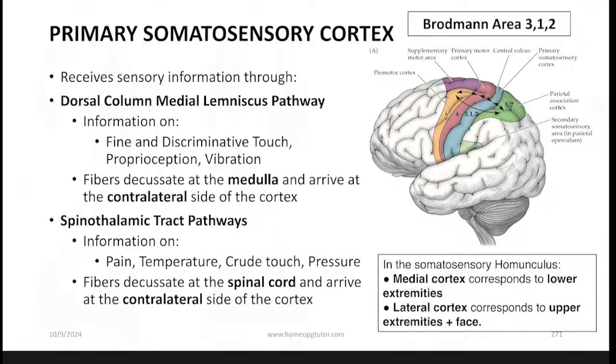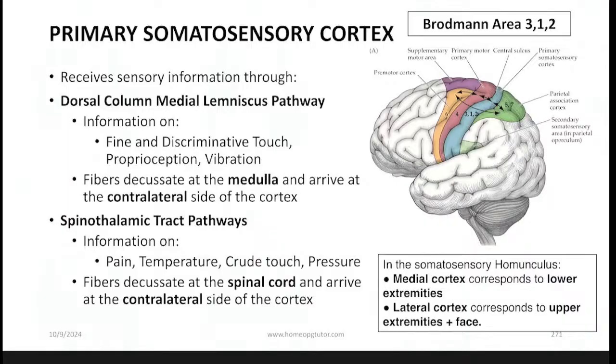One more, the spinothalamic pathways. See over here, the fibers actually decussate at the spinal cord, and then they arrive at the contralateral side. Whenever decussation happens, that means they cross over, right? So from there they arrive at the contralateral side of the cortex.